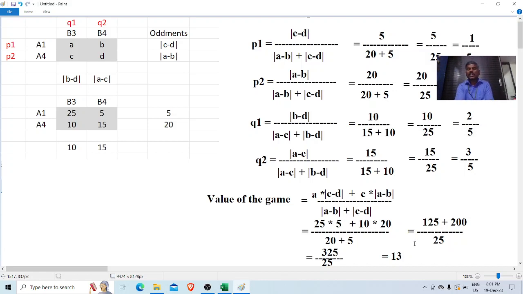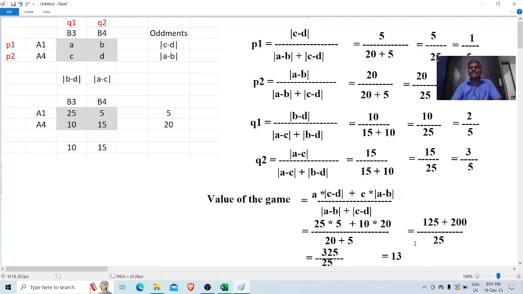So we have used the dominance principle to eliminate some of the strategies for firm A and firm B. After eliminating, we had a 2 cross 2 matrix. In that 2 cross 2 matrix also, the maximin value is not equal to the minimax value. That means the game is following a mixed strategy.